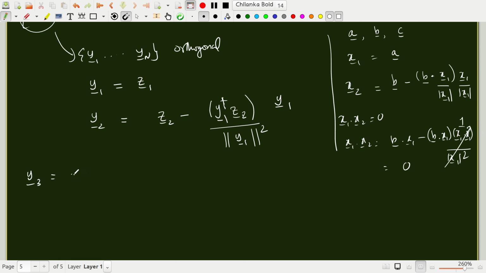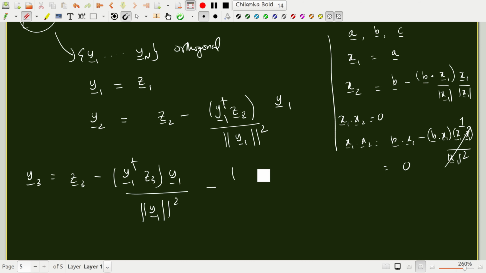So y3 is z3 minus the projection along y1. Now y3 has to be made perpendicular to both y1 and y2, so I have to subtract the projections along both y1 and y2. First I take z3, take the projection along y1, multiply it by y1 and divide by y1 squared, and then the same with the projection of z3 along y2, multiplied by y2 and divided by y2 squared, and so on.